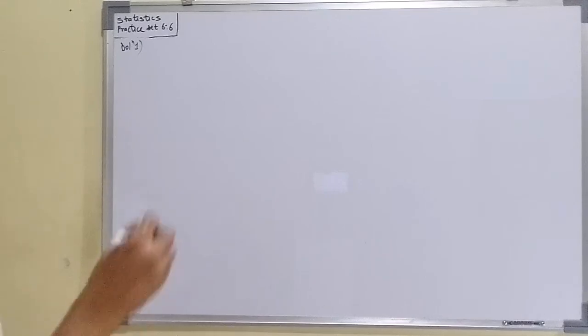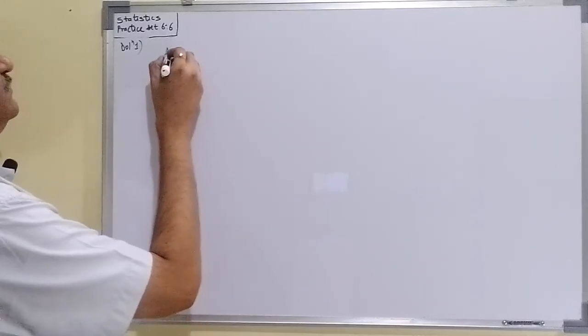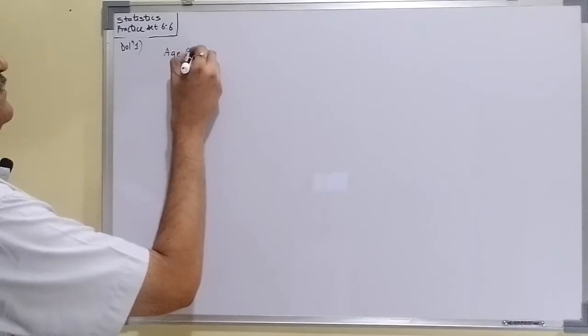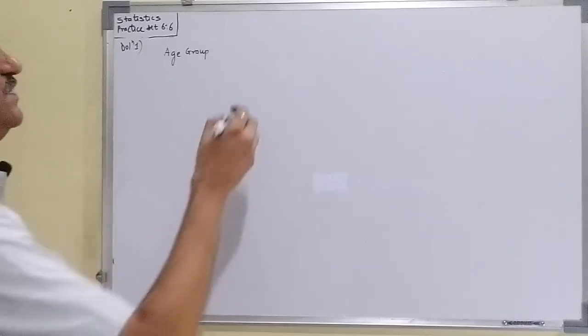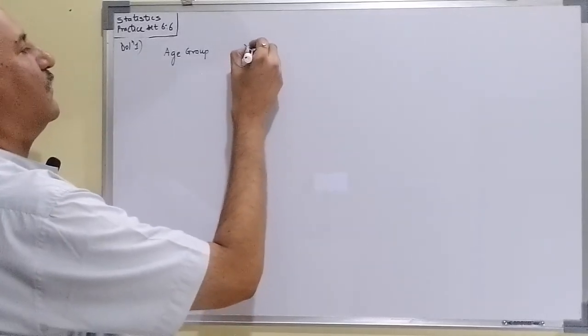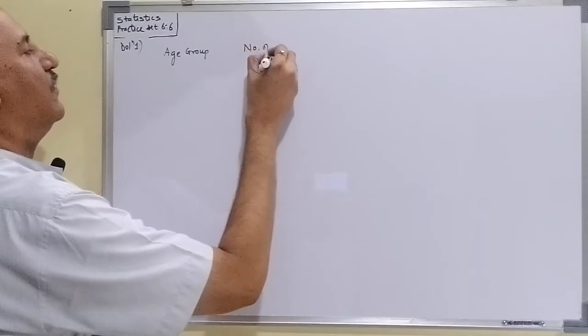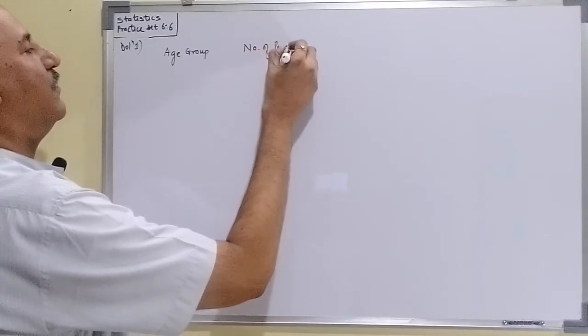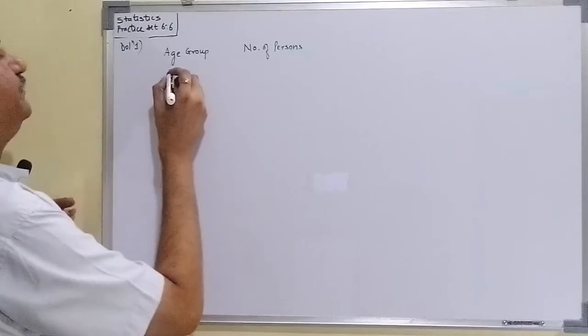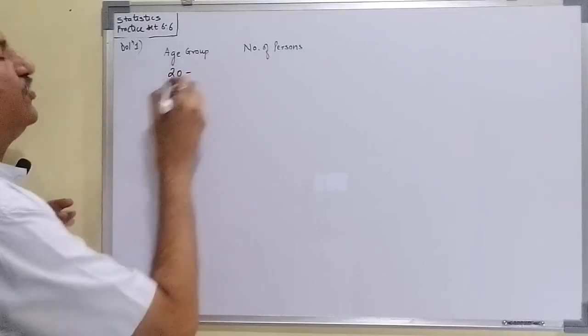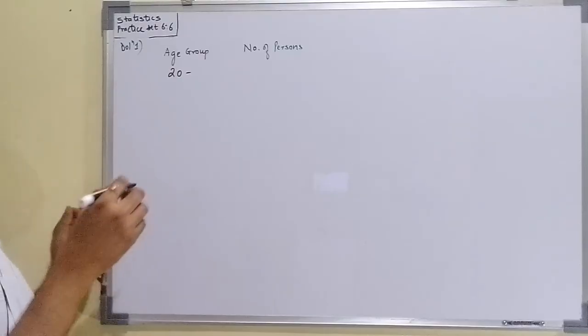Now, age group, and then we have number of persons. What is the age group? 20-25 to 40 we have to go.